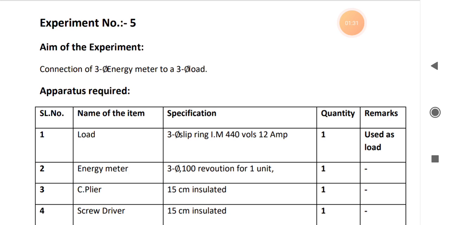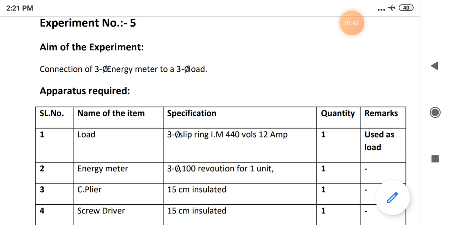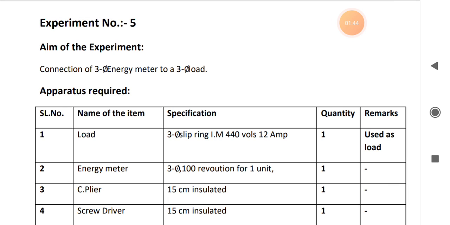So we have to take care that neither the consumer side nor the producing side of the electricity are the losers. We have to be very careful about the billings. So in this experiment, we will connect a three-phase energy meter to a three-phase load.